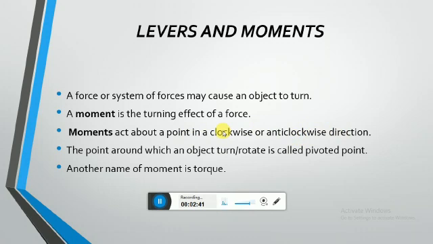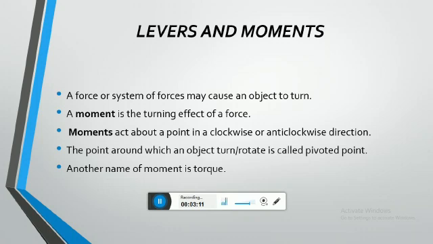What does it mean, clockwise or anti-clockwise? If an object rotates, the movement would be clockwise in such a way that it follows the clock. In a clockwise movement, the body follows the clock direction, and in anti-clockwise direction, the movement will be anti-clockwise when it rotates opposite to the motion of a clock.